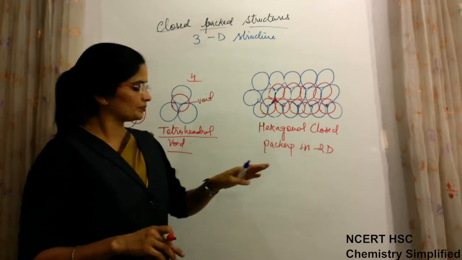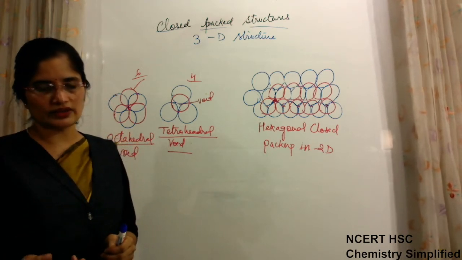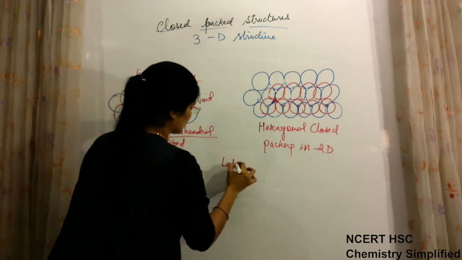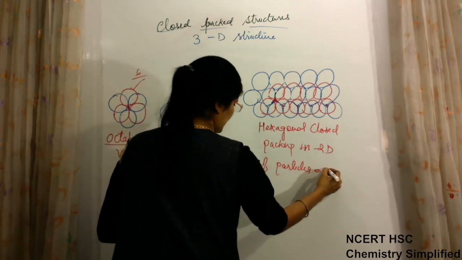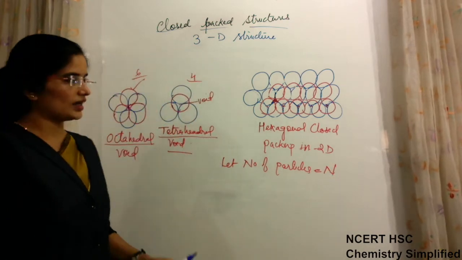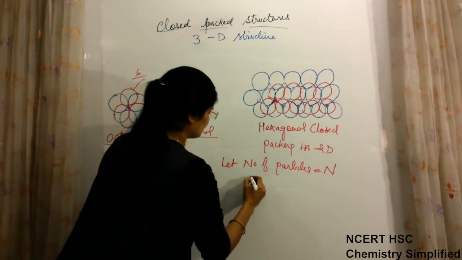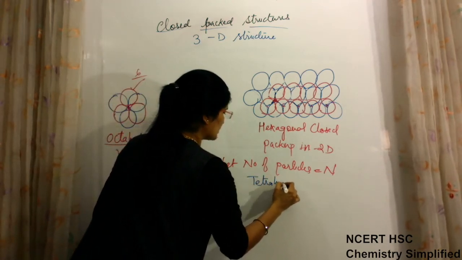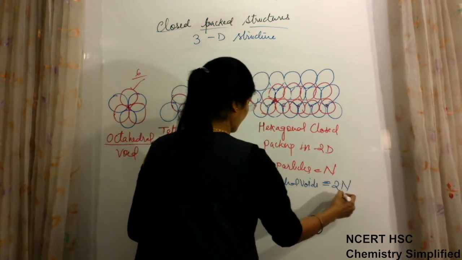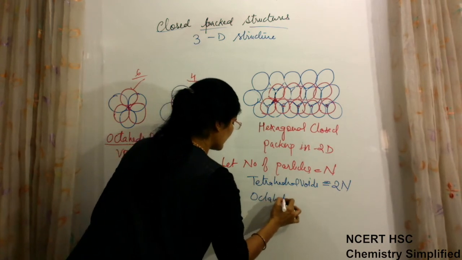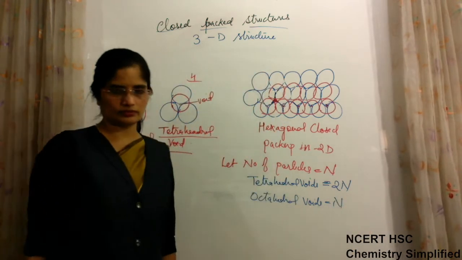Now, how many octahedral and how many tetrahedral voids will there be? Let the number of particles be n. Suppose a crystal is made up of n particles. Then tetrahedral voids will be 2n and octahedral voids will be equal to n.